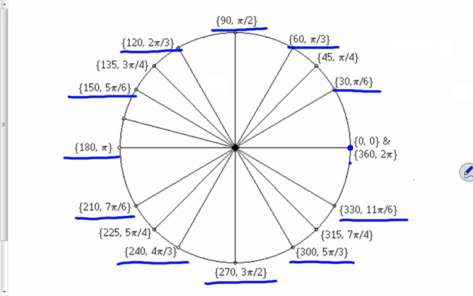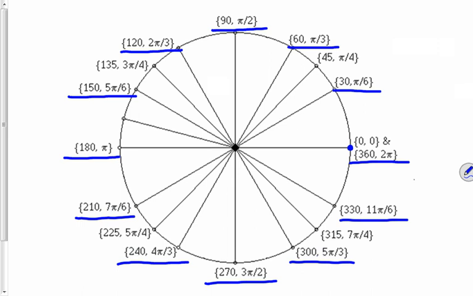And finally, 360 degrees, which would be 12 pi over 6, which reduces to 2 pi. So if we go around counting in these 30-degree increments, or these pi over 6 radian increments, you can see how we can get all of those different angles in radians.